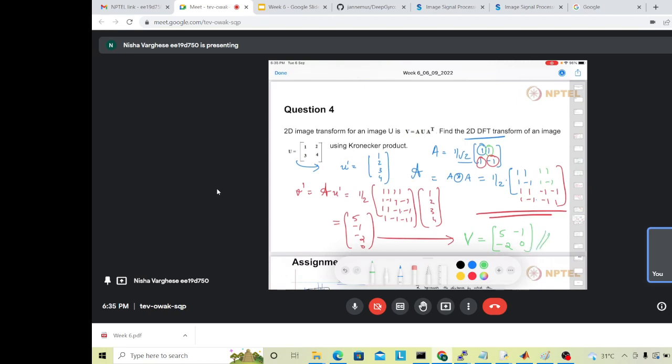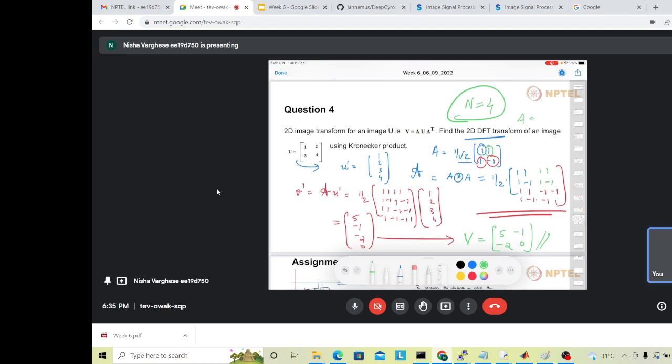This is the answer. So it is very simple, no? So just find the Kronecker product of that transformation matrix that you have to find out. So here the question is to find a 2D DFT transform. So just use A, 1 by root 2, 1 1 1 minus 1. So for the higher order matrices also, if we have to find out A for n equal to 4, just write the DFT matrix A for n equal to 4.